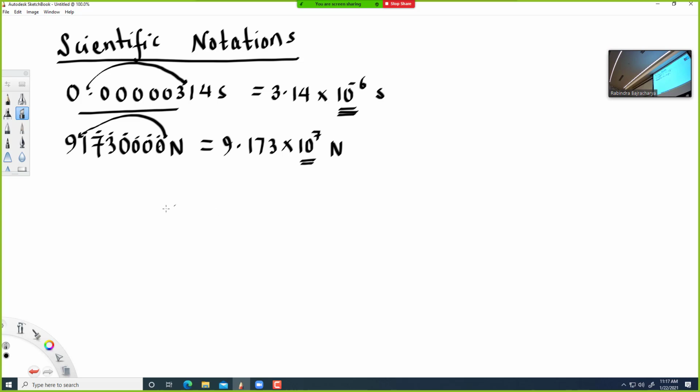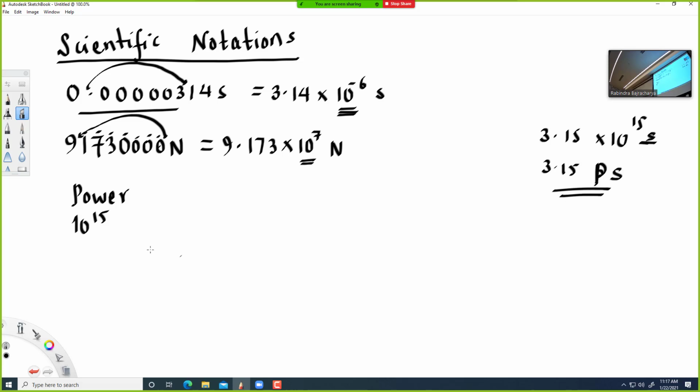If you have 10 to 15, let's say you get 3.15 times 10 to 15 seconds, then you can write that as 3.15 peta, capital P, seconds. The name for this one is peta, and the symbol is capital P.